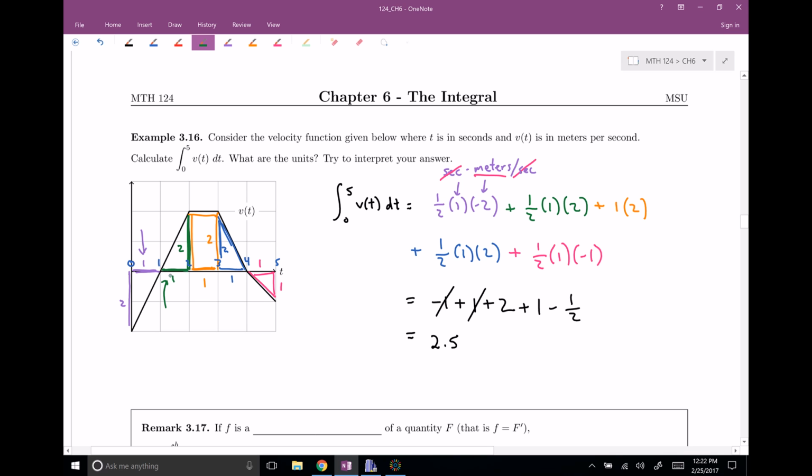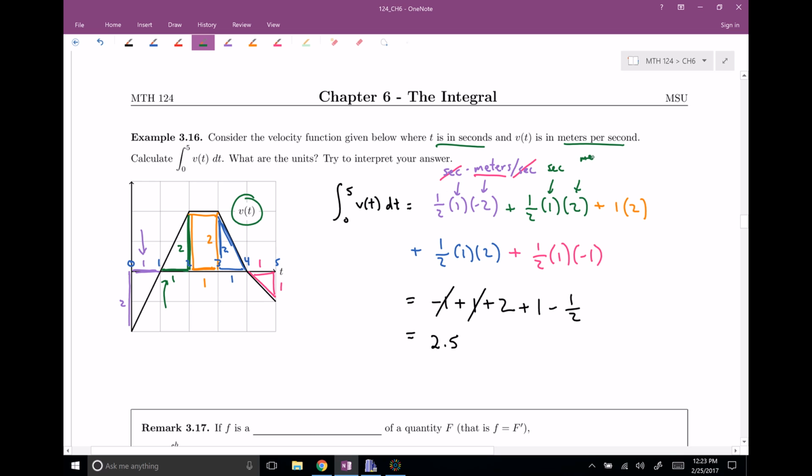Again, the width of this rectangle has something to do with the horizontal axis, the t-axis. This is 1, and t has units of seconds, so this is 1 second. And again, the 2, the height, this is a y value, mapping something with v of t. This has units of meters per second.